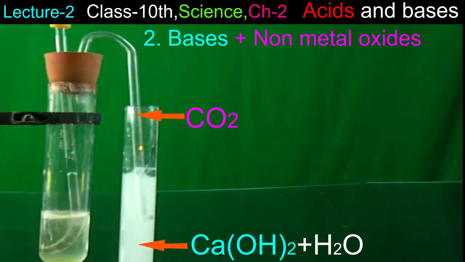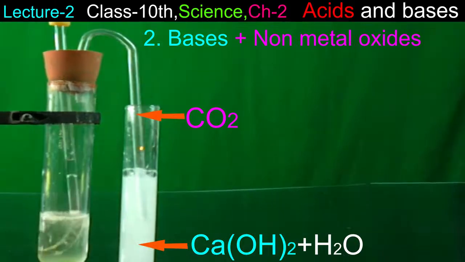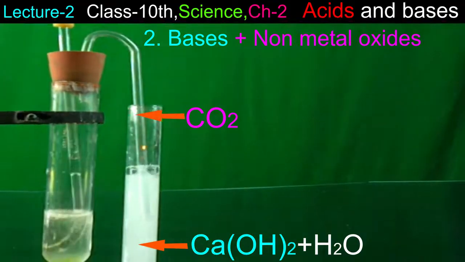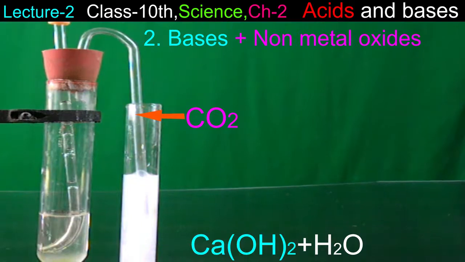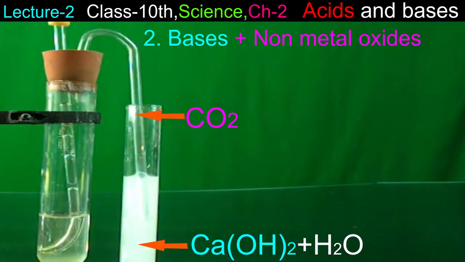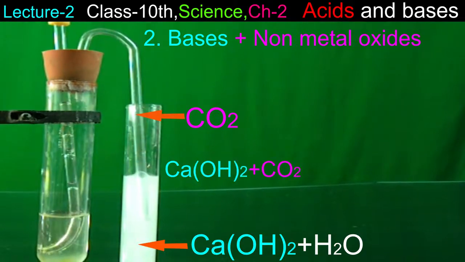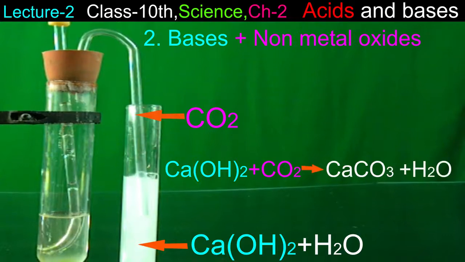The reaction we saw in our earlier experiment of reaction of acids with sodium carbonate, in which the CO2 produced was passed through aqueous solution of Ca(OH)2 or calcium hydroxide. This reaction is Ca(OH)2 plus CO2 produce CaCO3 plus H2O.